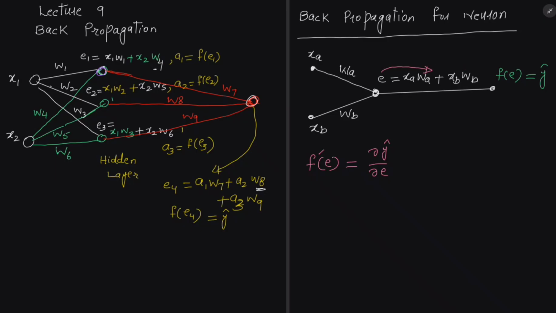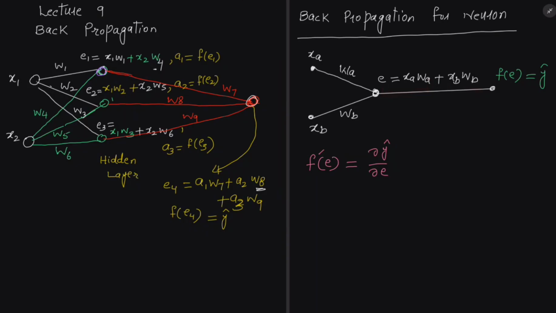This is the target that we want to achieve. So first, we need to take a derivative of y hat with respect to E. Then we will take a derivative of E with respect to WA and with respect to WB.